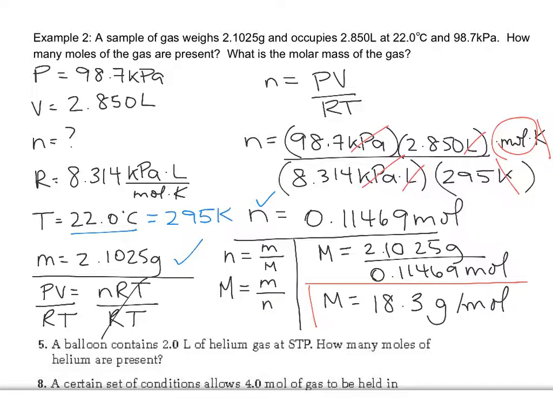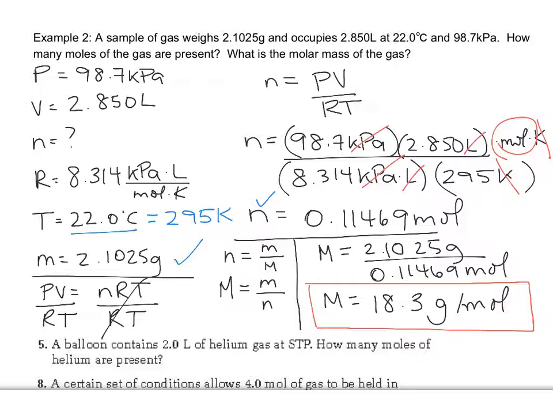Extension questions that I could ask you from here would be to identify this unknown gas. Looking at the molar mass, 18.3, it's a little far off of our water vapor, but that's probably the closest one of our common gases that we're looking at.